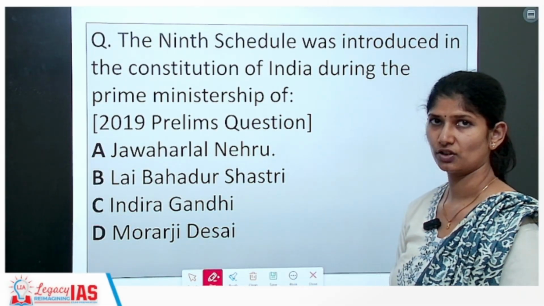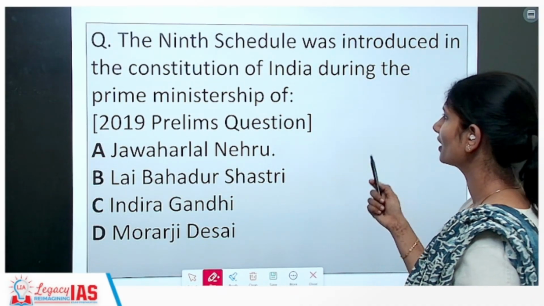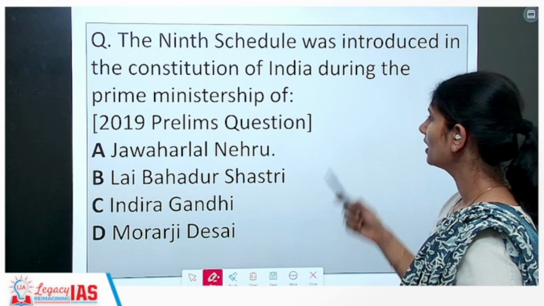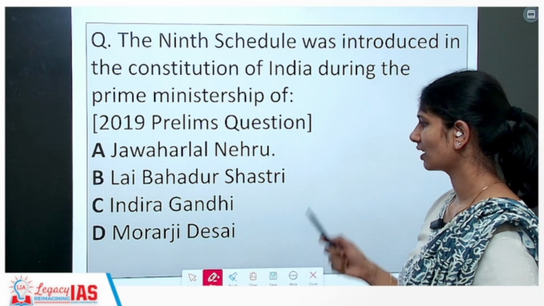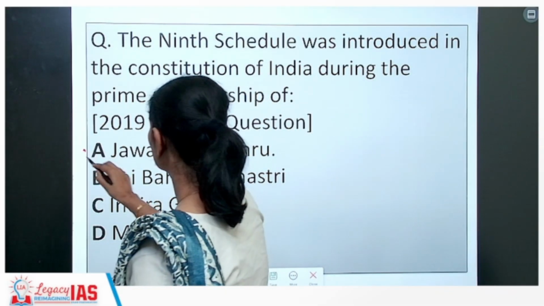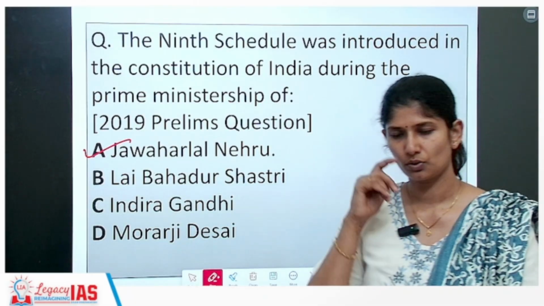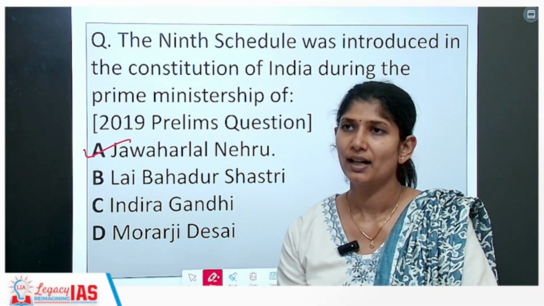2019 prelims question. The Ninth Schedule was introduced in the Constitution of India during the Prime Ministership of Jawaharlal Nehru, Lal Bahadur Shastri, Indira Gandhi, Morarji Desai. The correct option is Jawaharlal Nehru. So what happened is the 1950 Constitution came into force.